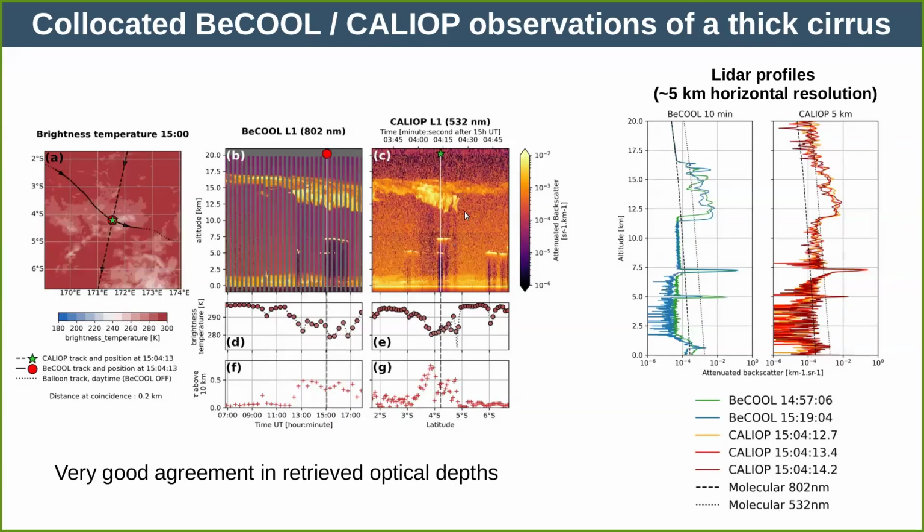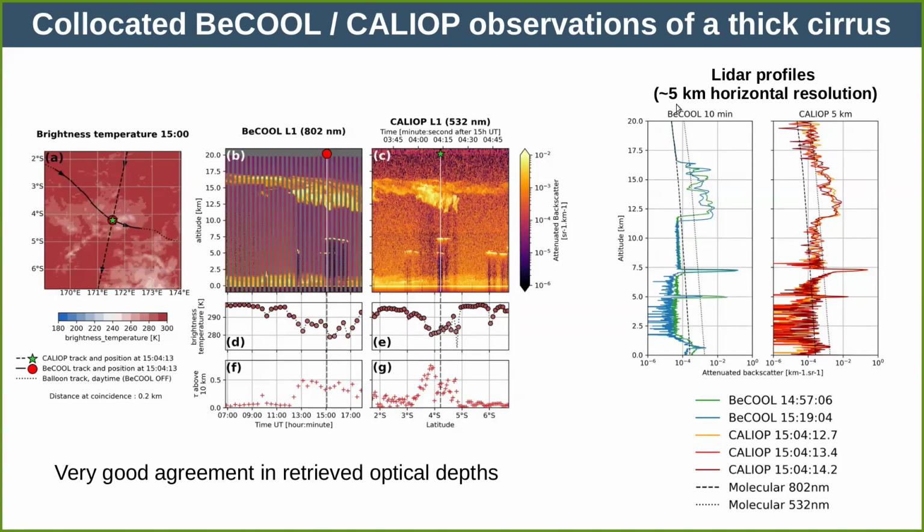The retrieved optical depth of this cirrus is in very good agreement at coincidence, and it's about 0.4. And on the right, you can see the LiDAR profile closest to coincidence at comparable horizontal resolution.